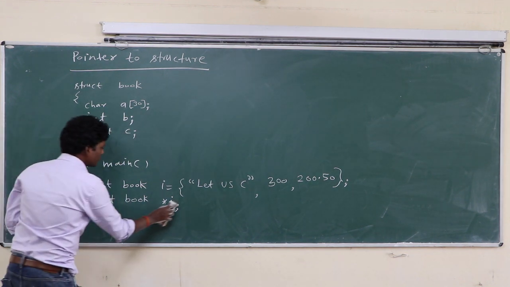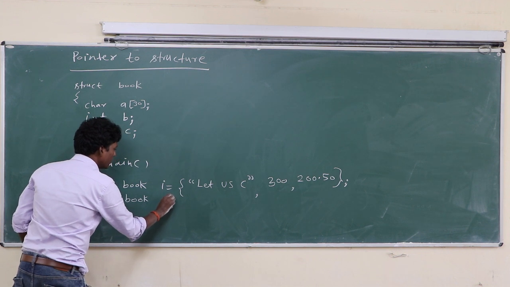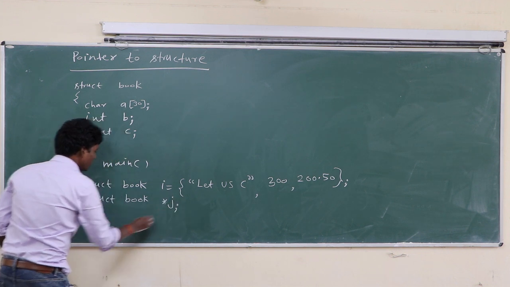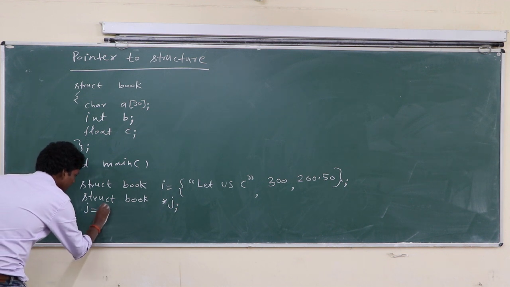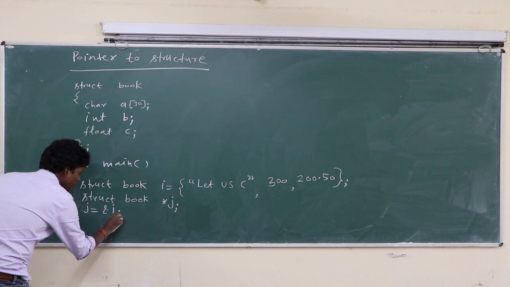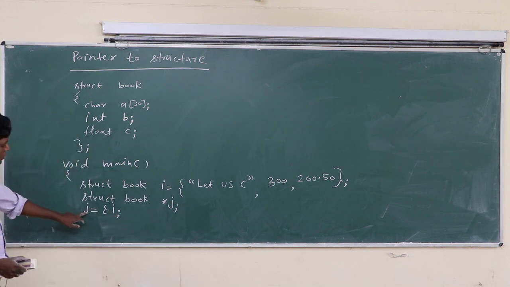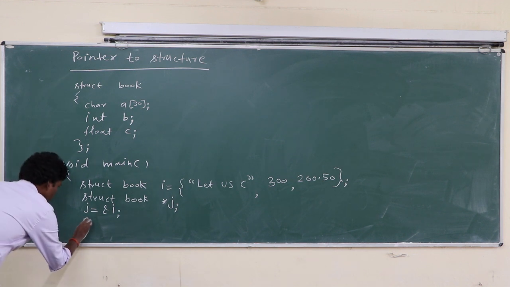Now j equal to &i. Now we are going to printf.